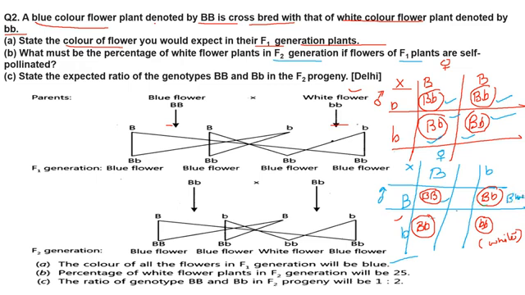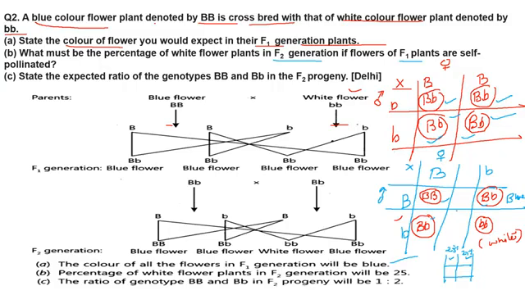So percentage, here I want to tell you one thing. Whenever you draw a Punnett square, every square means 25%. Just remember this.